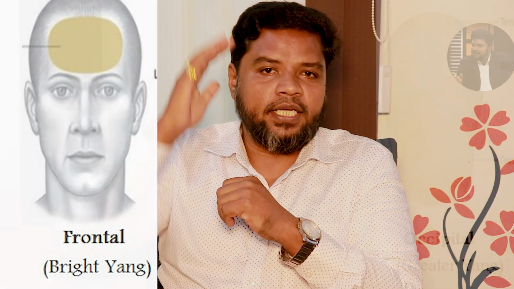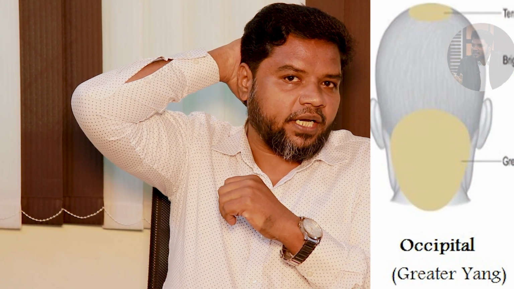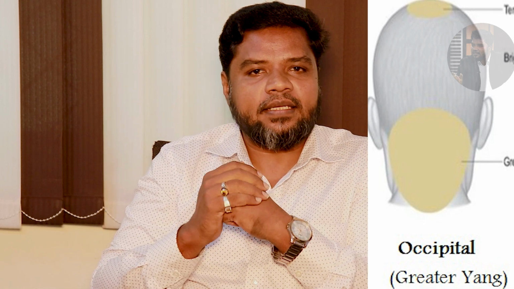See, we have the head meridian flow. If you look at the head, the forehead is the brighter yang side, and the posterior head, the back of the head, is the greater yang side. The lateral head is the lesser yang.